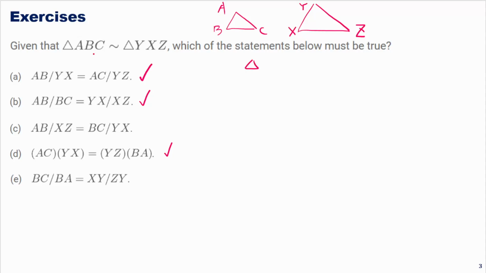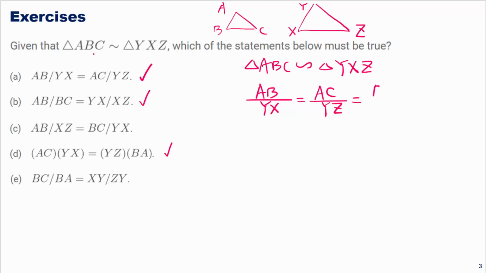If triangle ABC is similar to triangle YXZ, then corresponding sides are proportional. So we have AB over YX equals AC over YZ equals BC over XZ, right? So it follows that AB over BC equals YX over XZ.